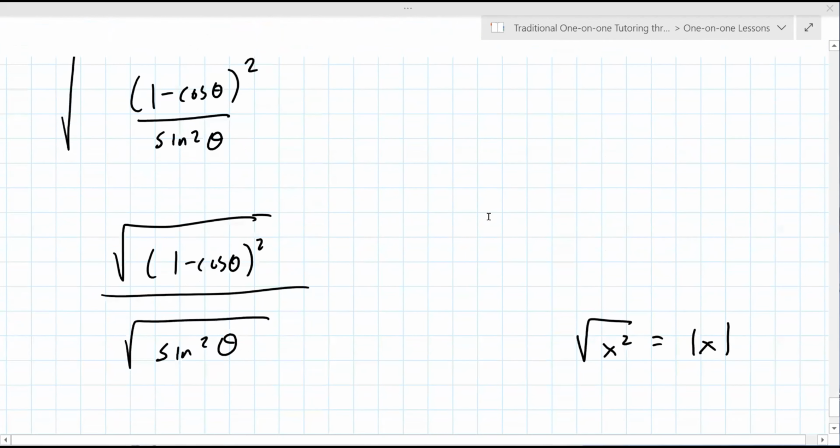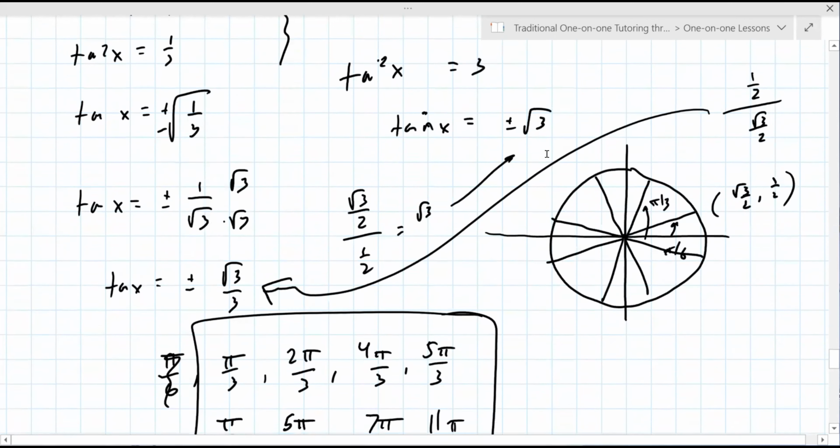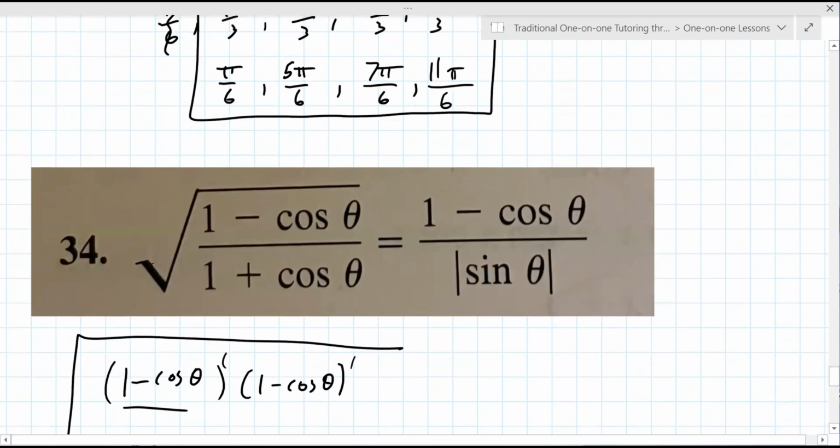Yeah, that's probably the major thing. A lot of distractions, like this square root is very distracting. Like, how can that become that? But sometimes you attack a problem, you say, well, what if it wasn't there? What would I do? Well, you multiply with a conjugate. Right. So that takes care of that.